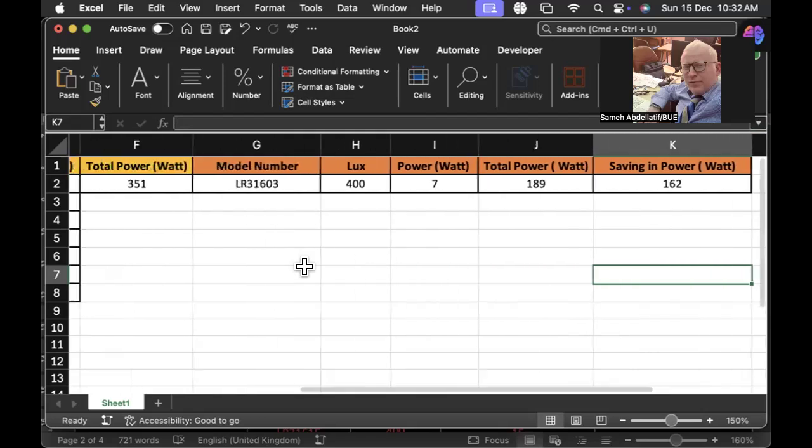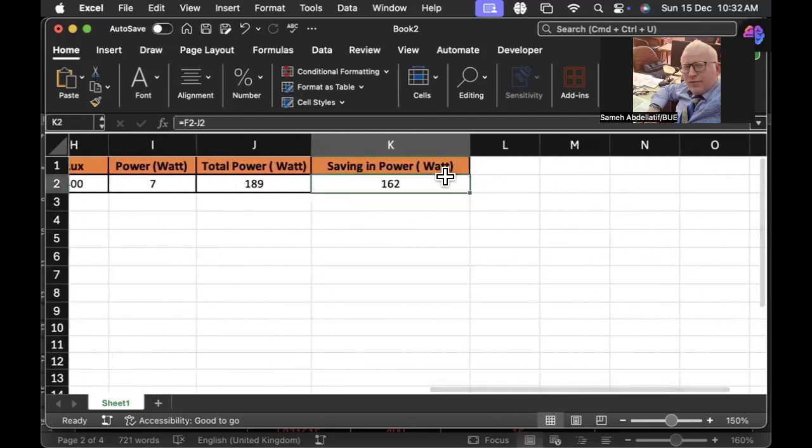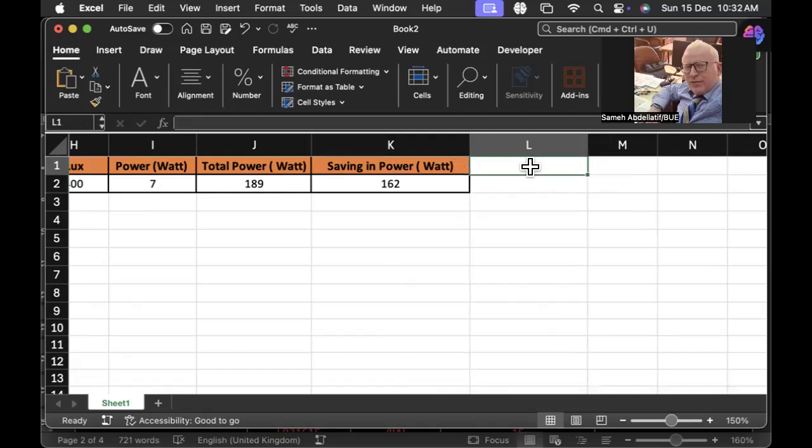So in terms of money, you can simply calculate it because now you know that you are saving 162 watt. To calculate the saved energy, let's do it in kilowatt hour per day.